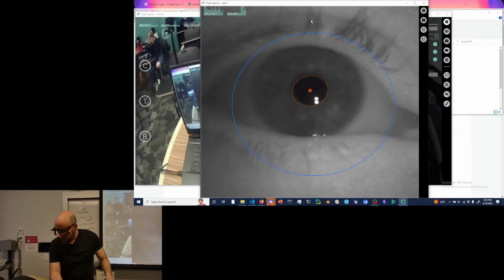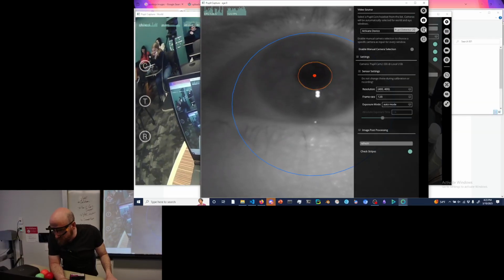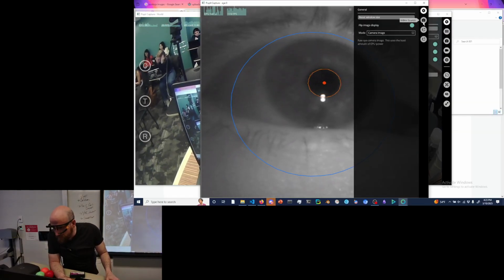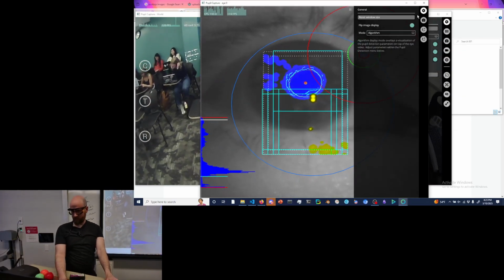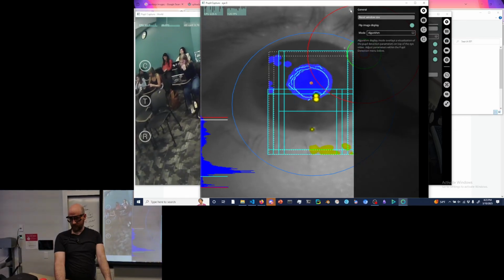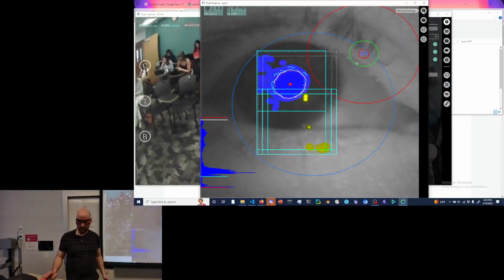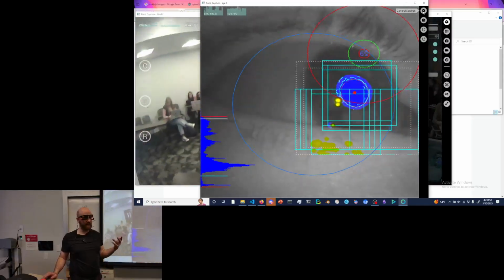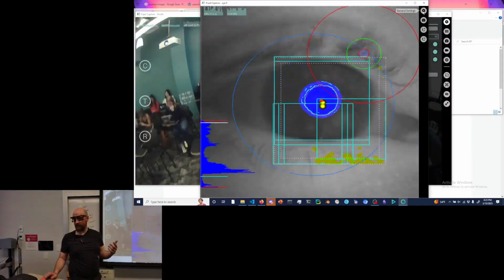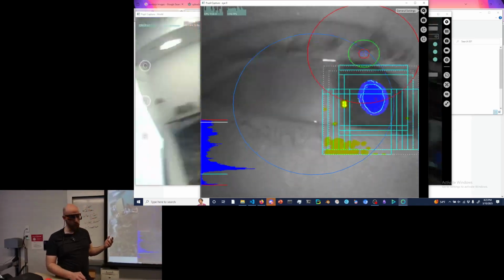Let me see if this works. I feel like they disabled this at some point, but if they didn't, image algorithm, yay. So this is a representation of the calculation that's actually processing the image.